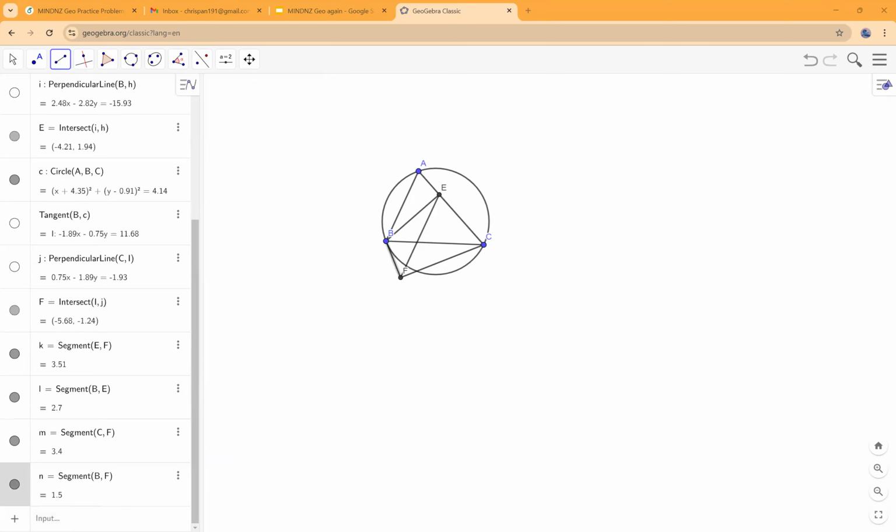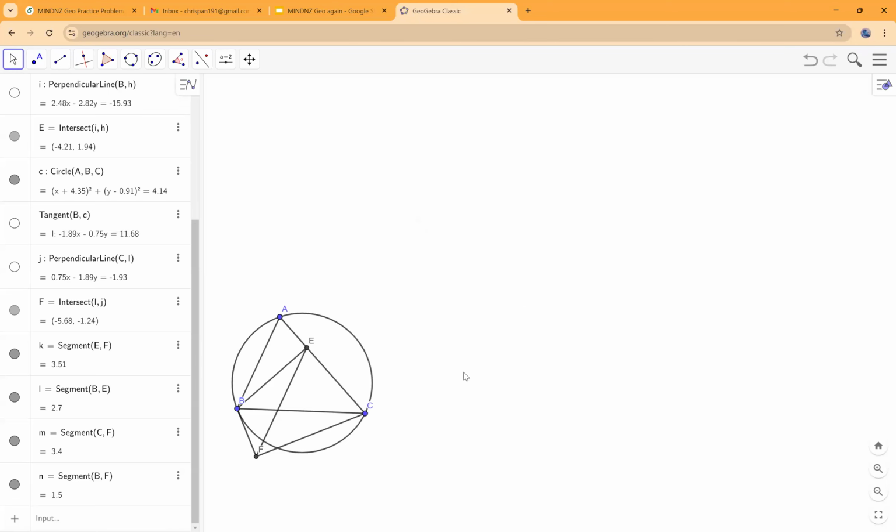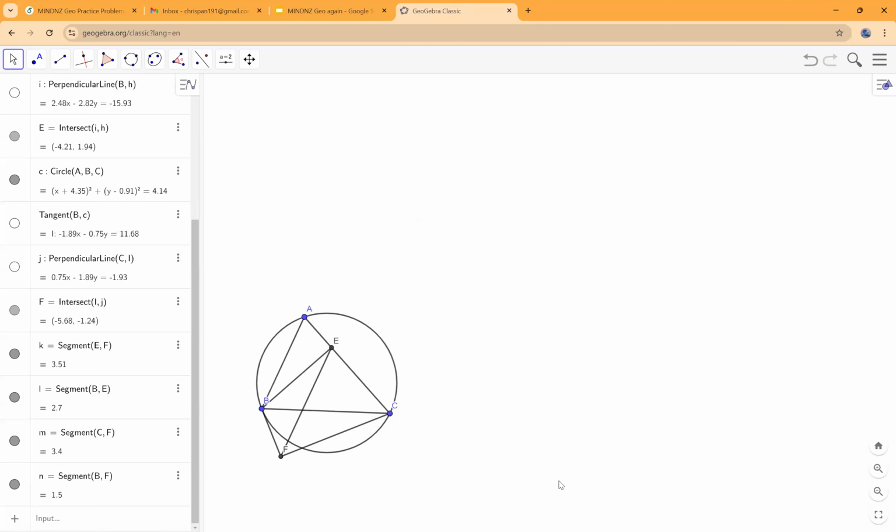Okay, no one's replied. Is that yes or no? Okay, I'll just assume it's a no. So I'll quickly go over basic properties of cyclic quadrilaterals.